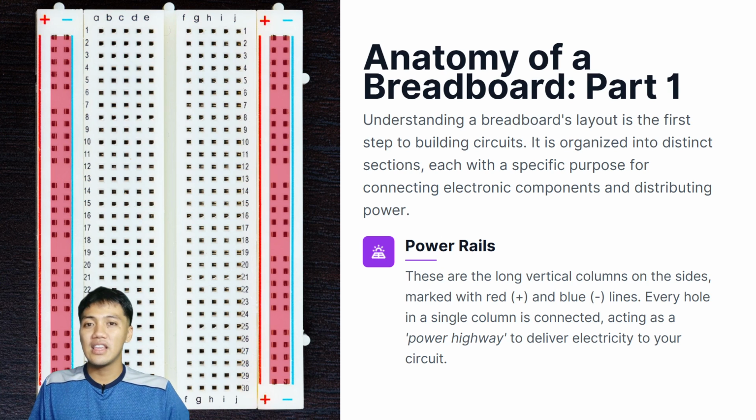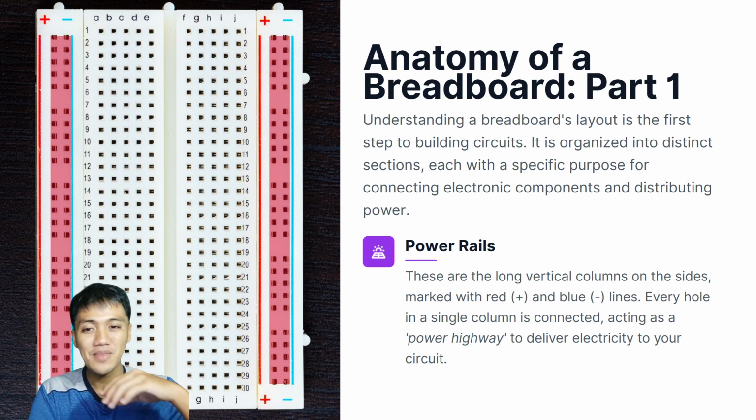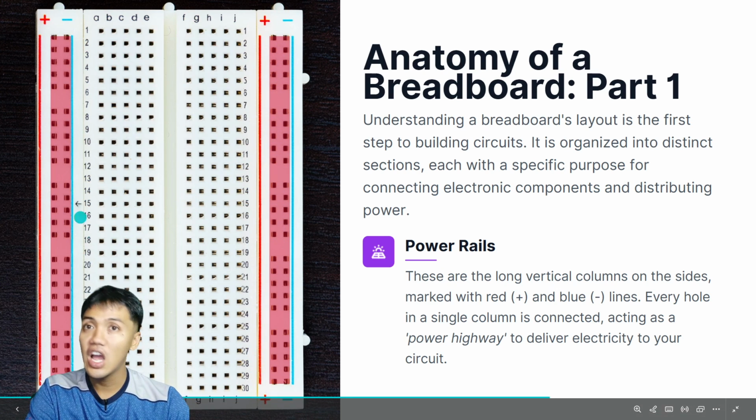First, here is a mini one. It's not the full length, but for the sake of illustration, we will be using this one. So this is our breadboard, and first we will look at the power rails. They are highlighted here in red.